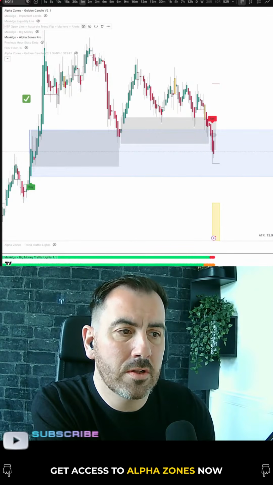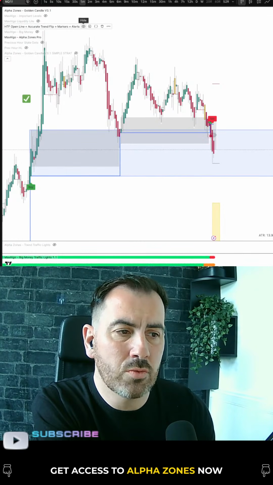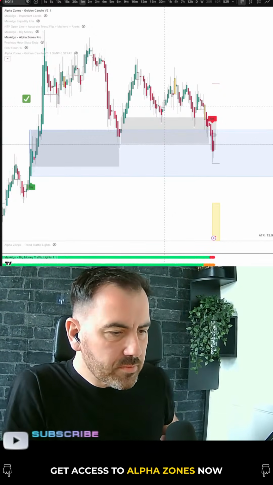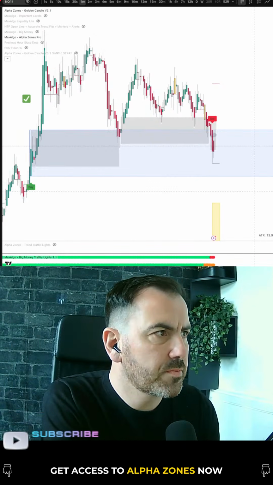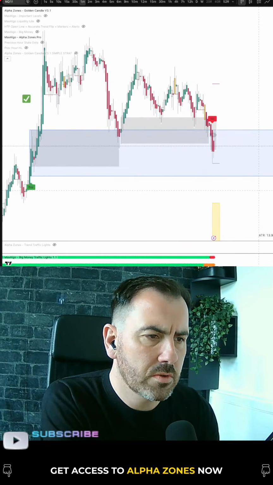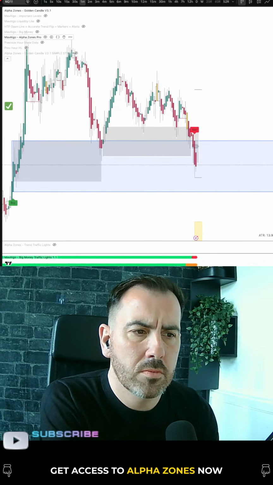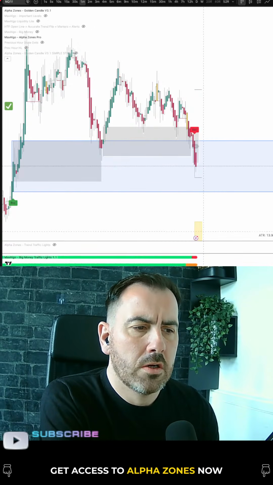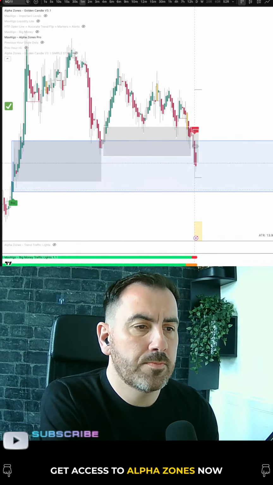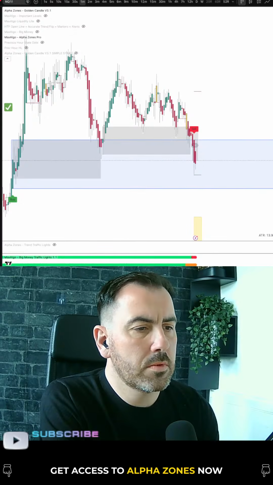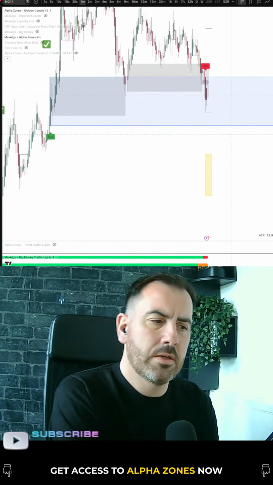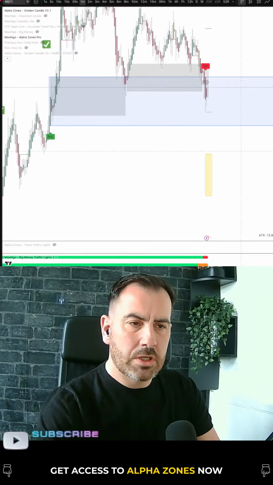And our alpha zones were still bullish. So if we can get below the Q, then we might start to see this being a much deeper retracement.